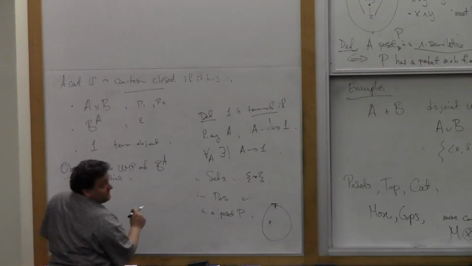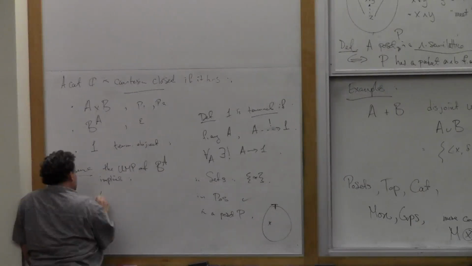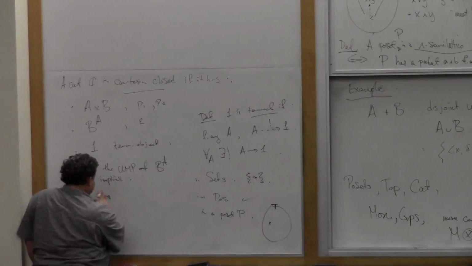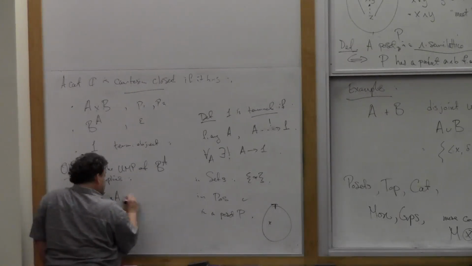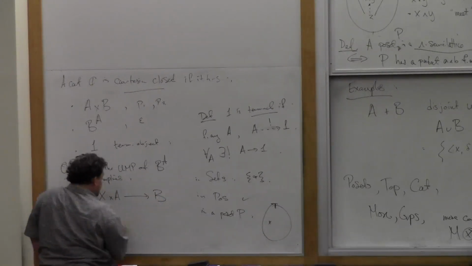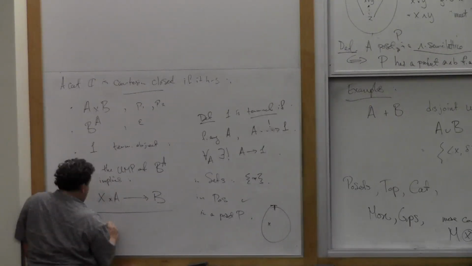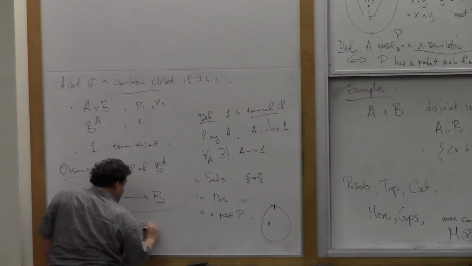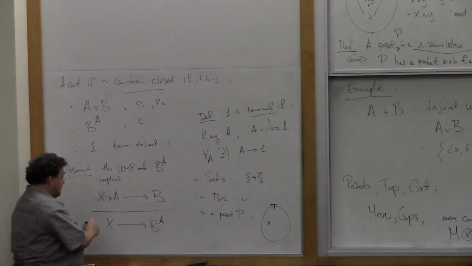Anytime I have a map from X cross A into B, then there's a corresponding map from X into B to the A. That's this transpose business.